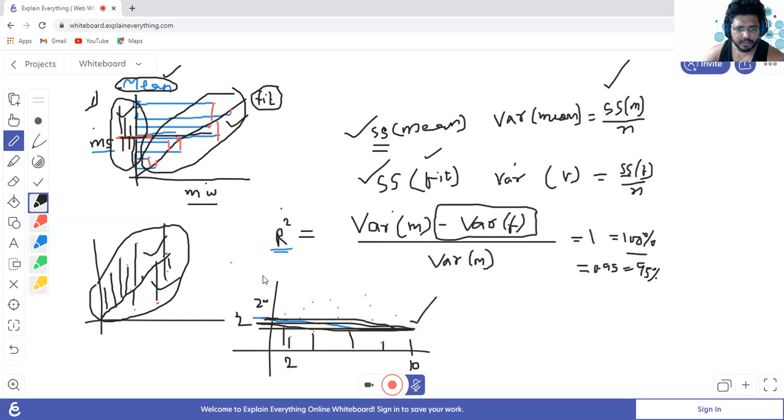And when your fit line is the same as the mean line, then your R square is 0%, which is the least confidence, where you don't have any confidence. And then in between, you will have multiple values of R square, depending on how good the fit line is.